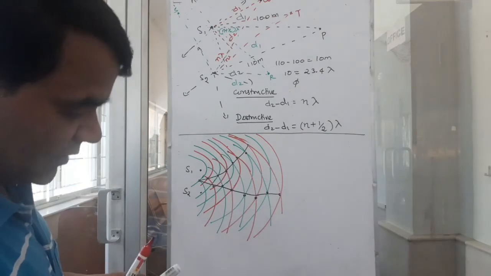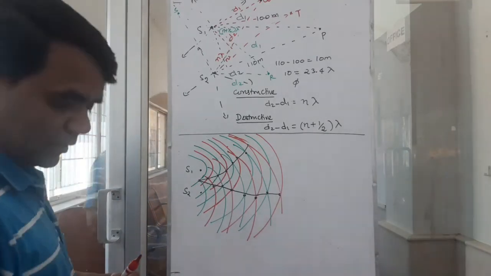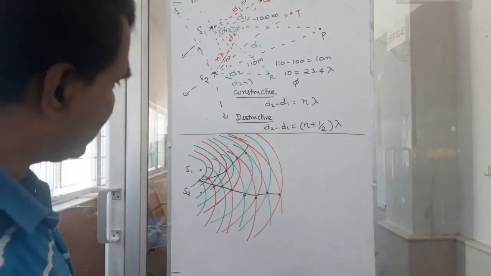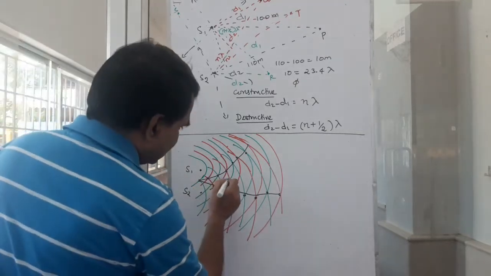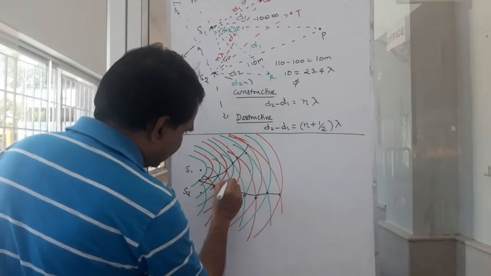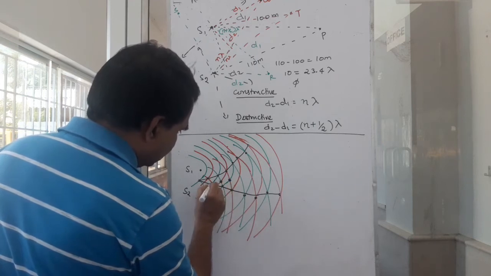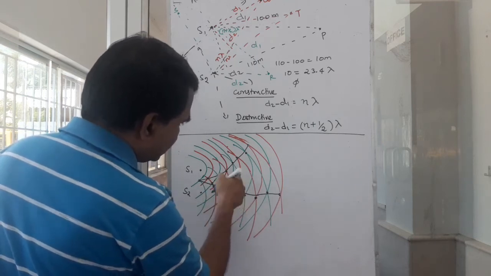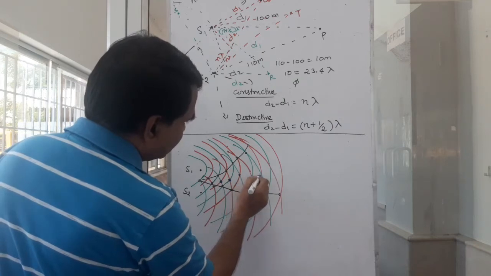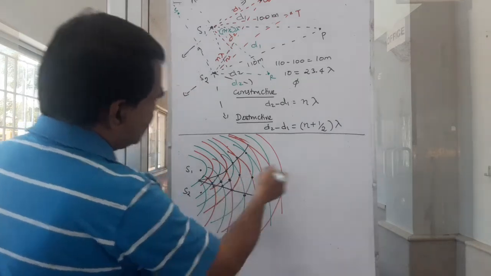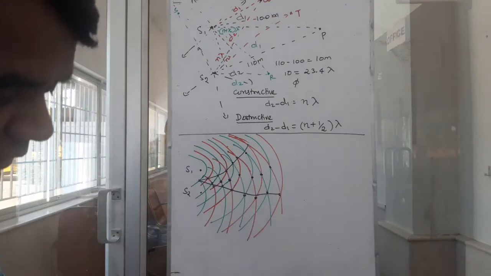But look at the other points like this, where you get the peak meets with the valley. This one, this one, this one, peak meets with valley. Here, here, here. So you get destructive interference there.